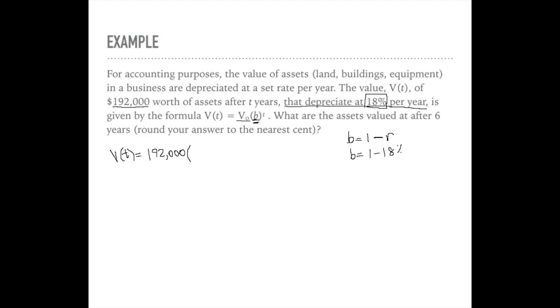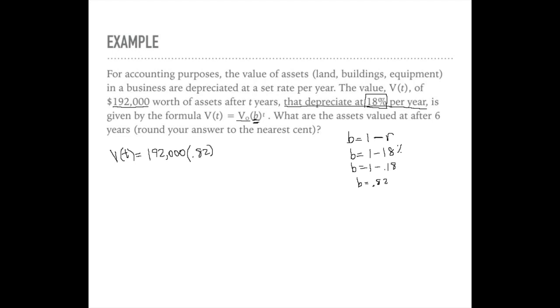Can't subtract decimals from fractions. One of them has to change. So I'm going to change the percent here to a decimal. 18% means 18 divided by 100. And 1 minus 18% turns out to be 0.82. So now we have our B value as 0.82.